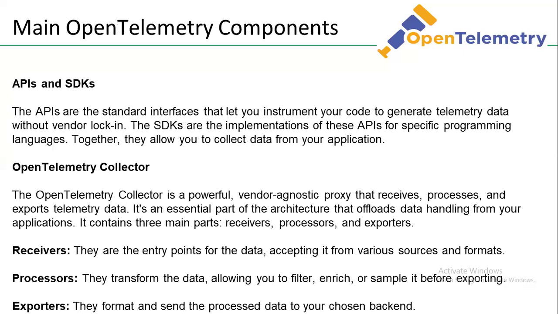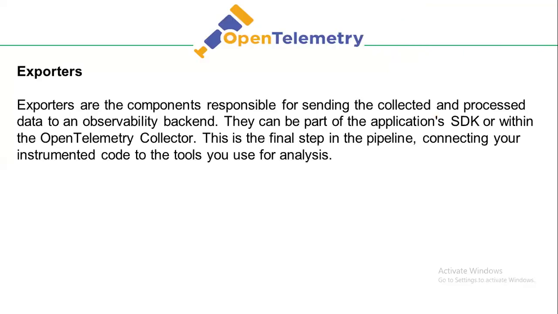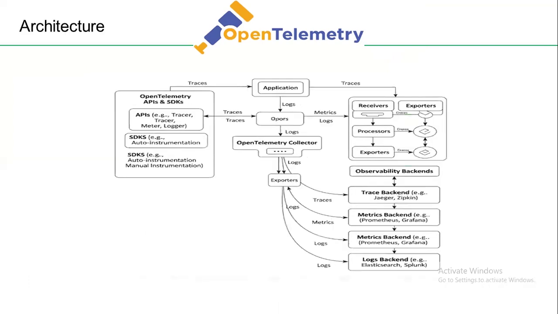Then here I mentioned the main components of OpenTelemetry: APIs and SDKs, the OpenTelemetry Collector, and within it receivers, processors, and exporters. So first of all, let's understand the architecture.